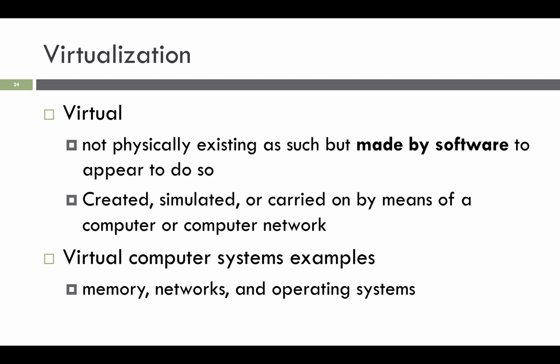Virtualization includes individual components or could include a complete system such as an operating system or virtualized network. For example, a network engineer could create multiple virtual networks using the same hardware instead of installing new equipment for each network. One network could be for the faculty and the other for the students. However, the hardware remains the same.